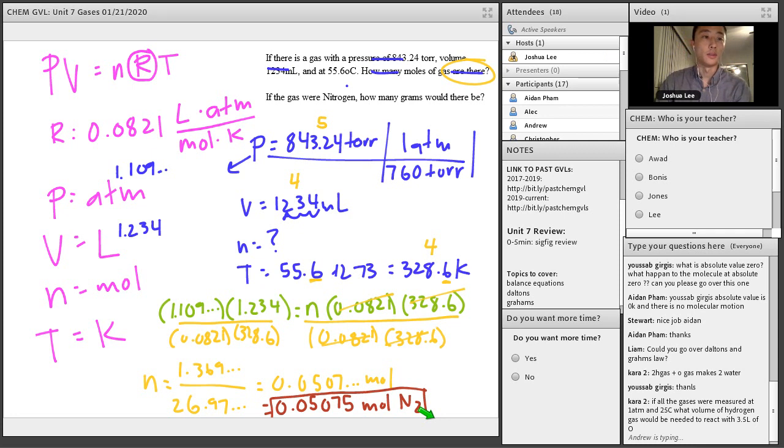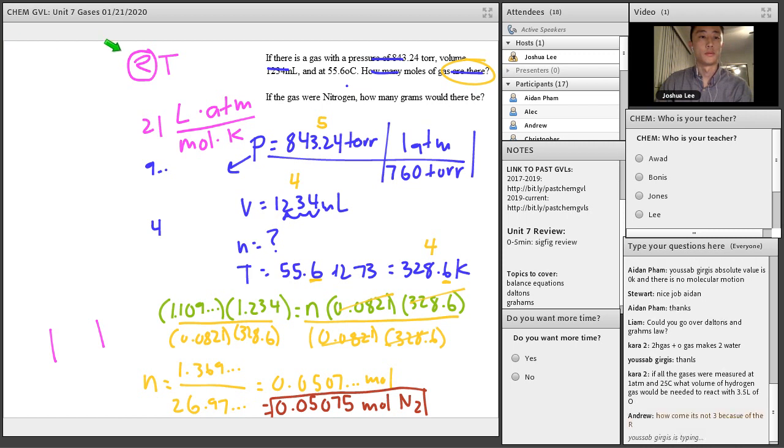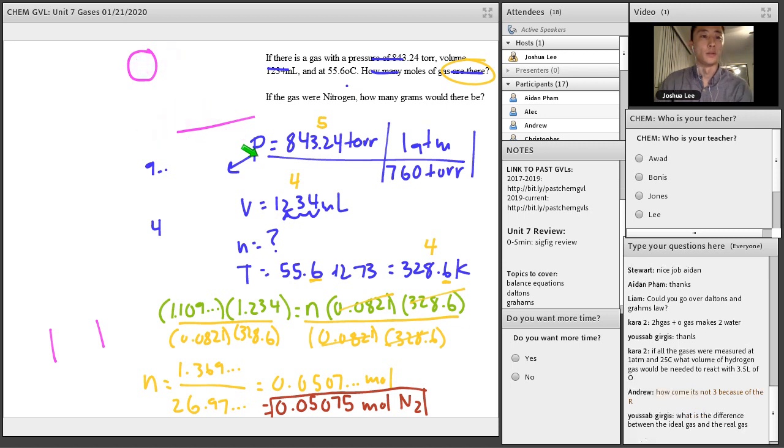Let's get rid of all this. So, how come it's not 3 because of the R?